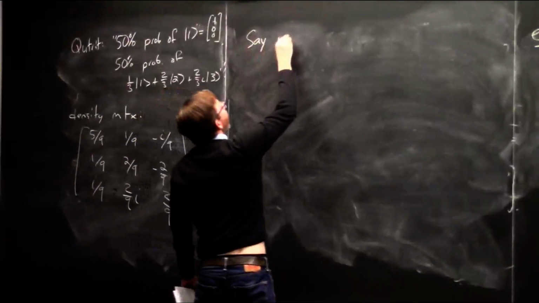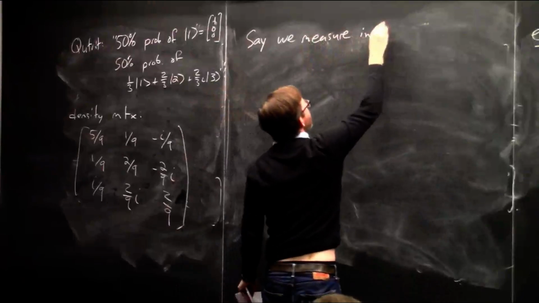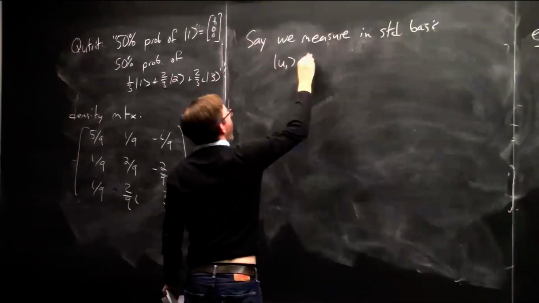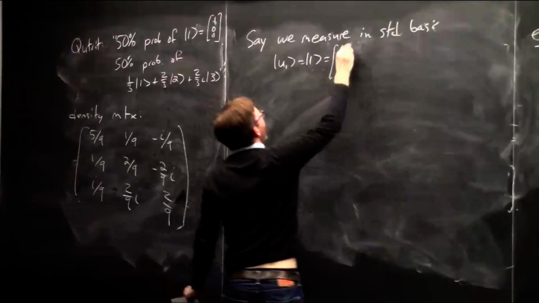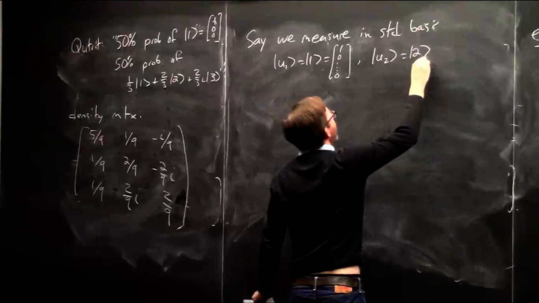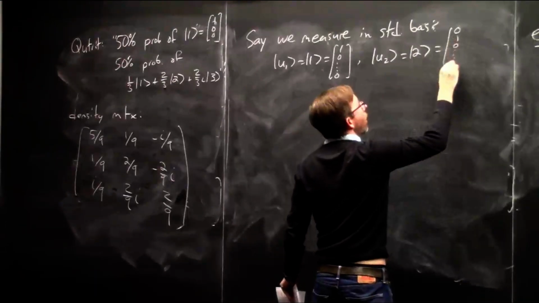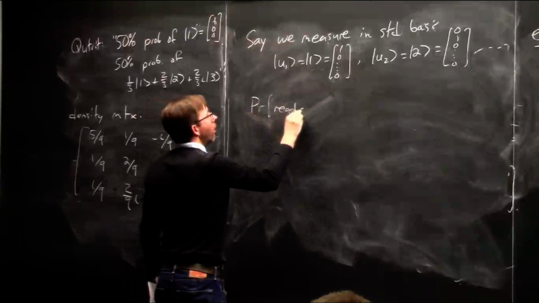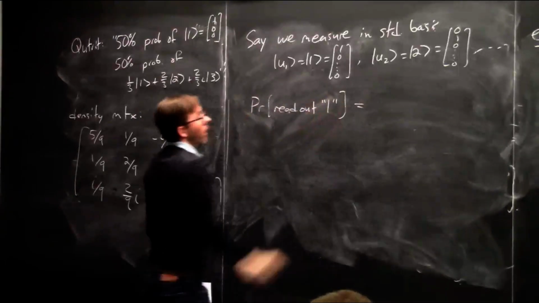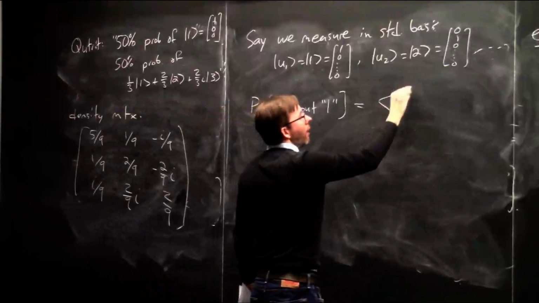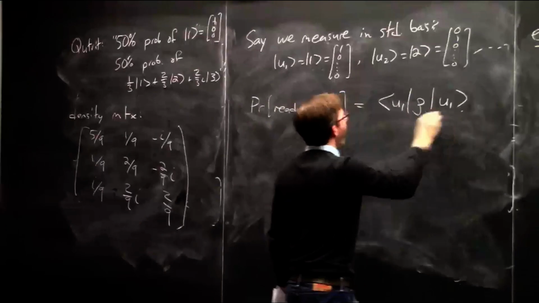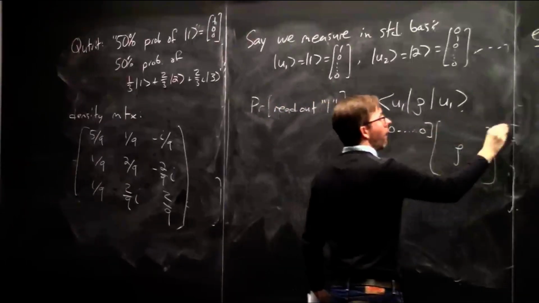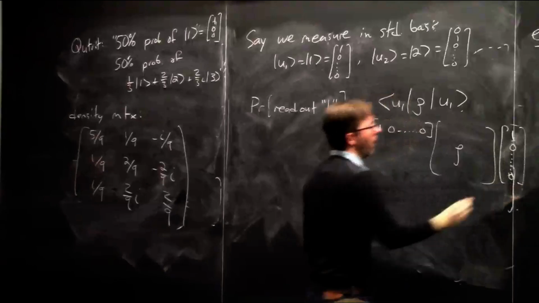Okay, so say we measure any mixed state in the standard basis, which is |1>, which is (1, 0, ..., 0), |2>, which is (0, 1, 0, ..., 0), etc. Well, the probability that you read out 1, if you remember the rules, is <1| rho |1>, which looks like this: the row (1, 0, ..., 0) times rho times the column (1, 0, ..., 0).